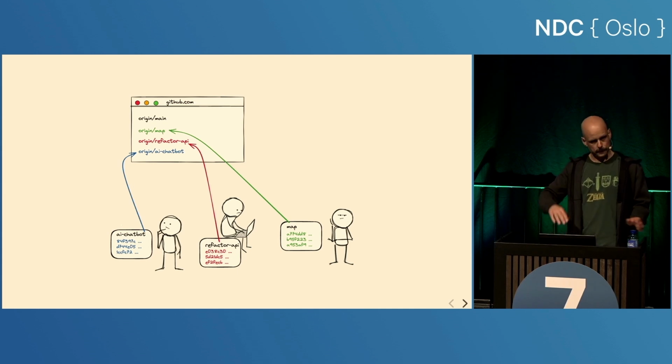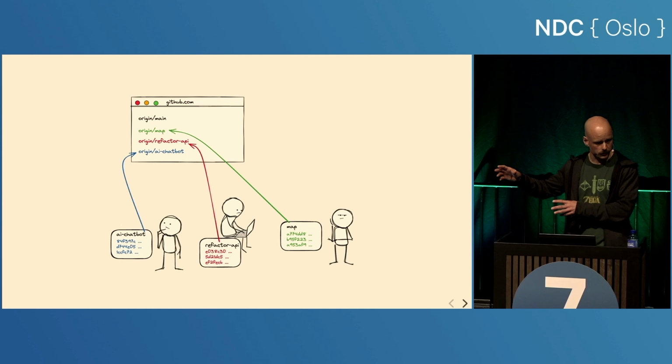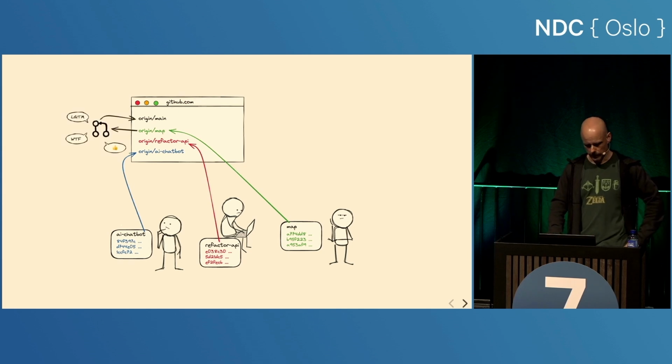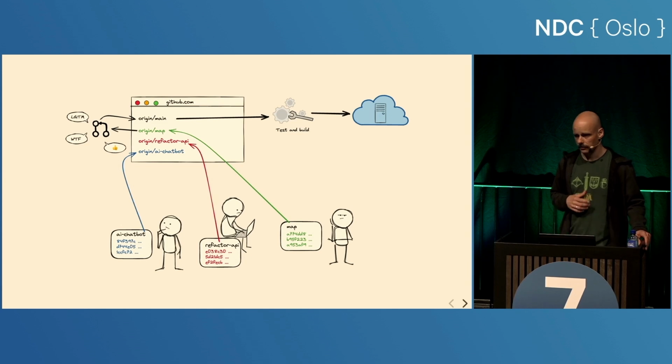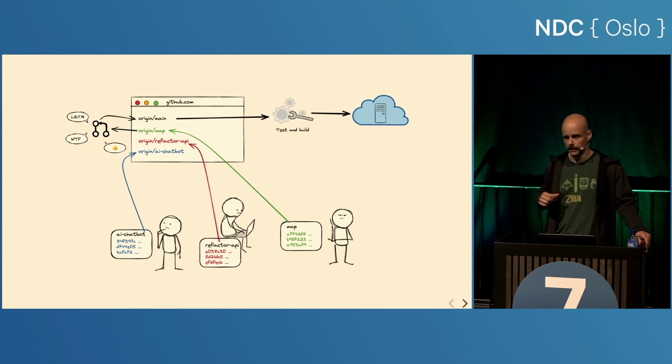And then at the end of some piece of work, the developer will create a pull request and invite their teammates to review that code. And eventually, those changes will be merged into the main branch and are now available for the other developers to pull down. And then maybe you have an automated testing and build pipeline after the fact.